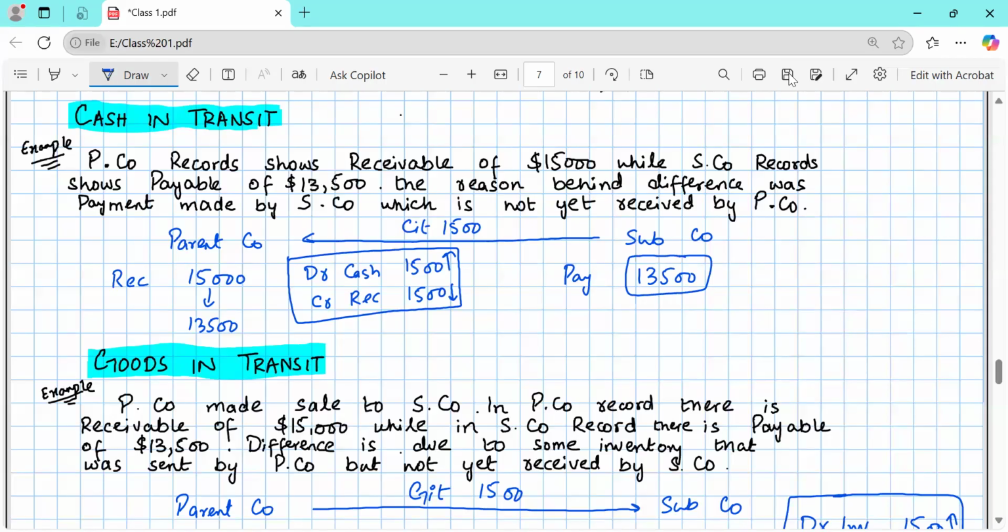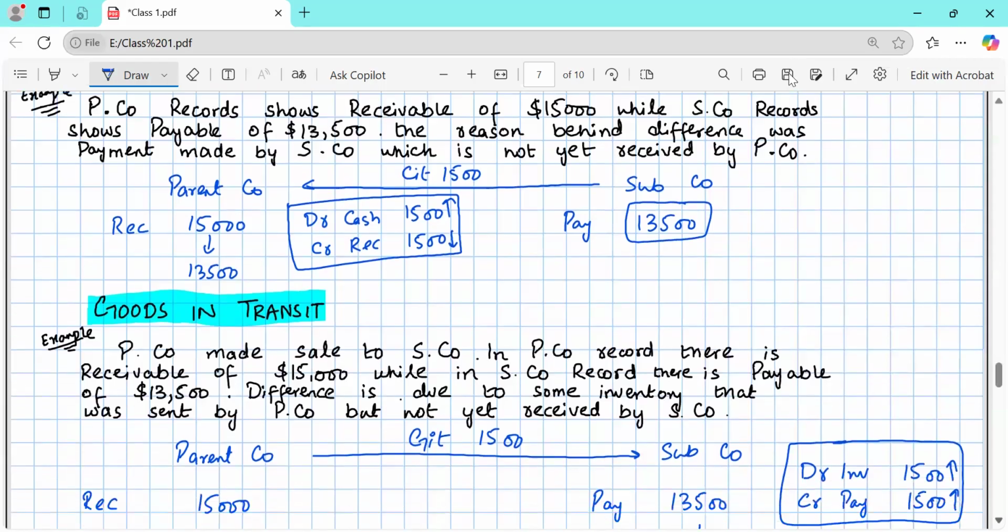He will just tell you the balance of one company, but you know that the company who has made the transfer, whether it is the transfer of goods or cash, their records are correct. That is the intercompany balance. So if they have not given you the other company's current account balance, no worries. You know that this company's balance is correct. That is the intercompany balance. Got the point?